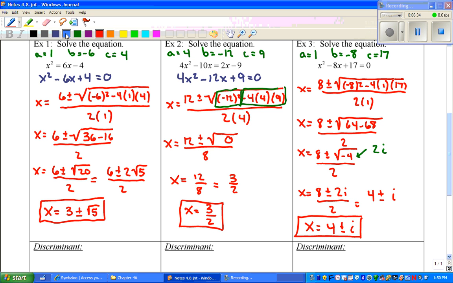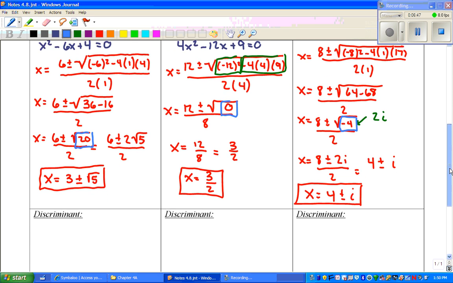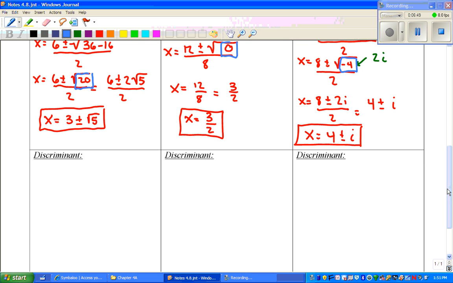I want to pay close attention to what the discriminant was here, here, and here, and its relationship to the number of solutions we get. If your discriminant comes out to be a positive number, so b squared minus 4ac is greater than 0, we get two real solutions.